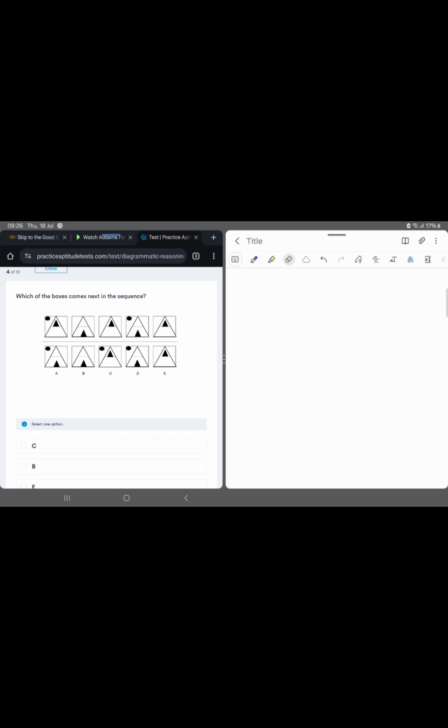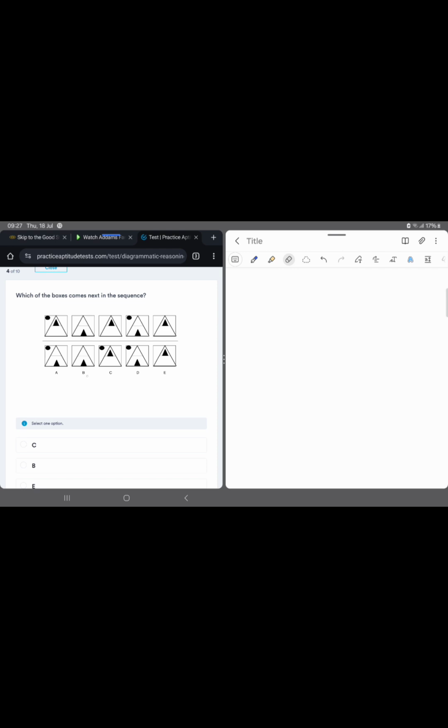Okay, and then we can look at the patterns for the circle first, or the oval. So we have the oval here, and it's not in here, and it's not in here, so it skips 2, then comes back. So it has to skip 2, meaning that in our next diagram we won't have a circle.